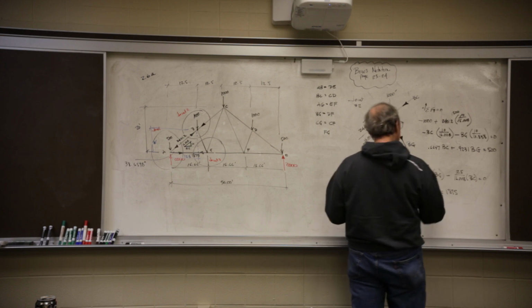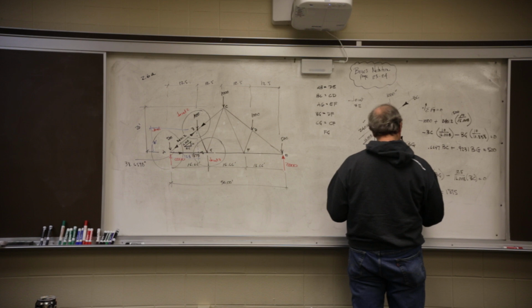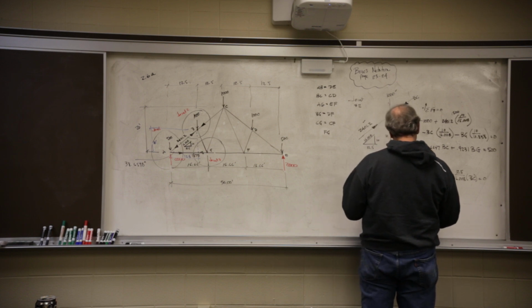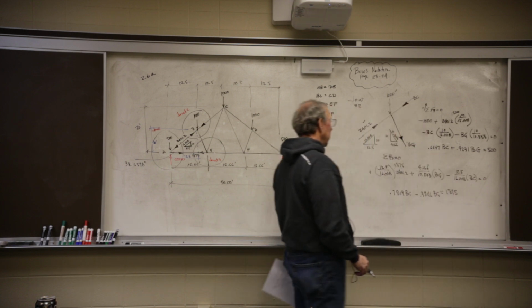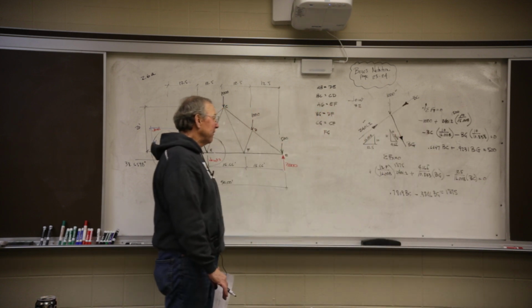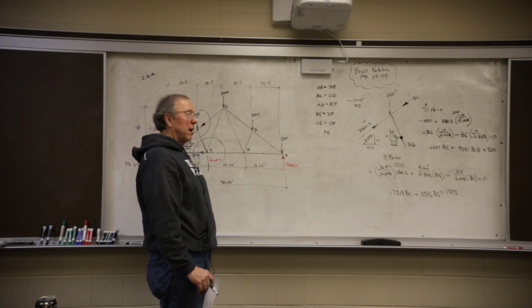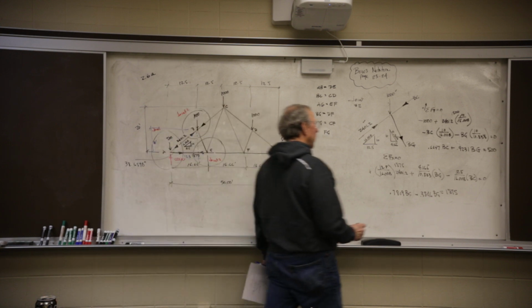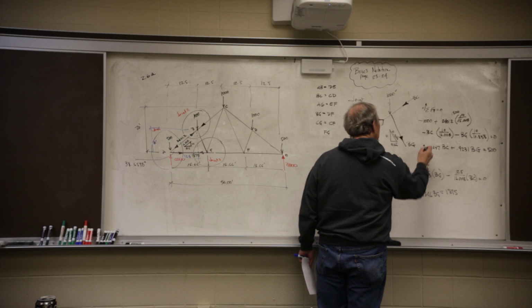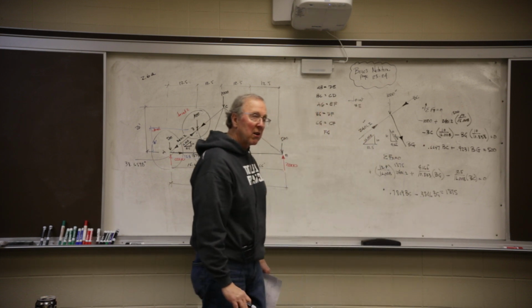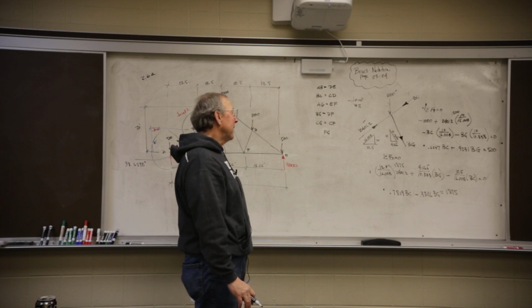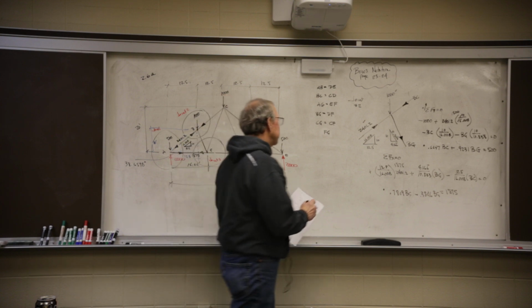And the next one is 4 divided by 10, and that's a minus 0.3846 BG, equals 1875. There's two equations, two unknowns. Put them in your matrix calculator, push a few buttons, and my output was this.